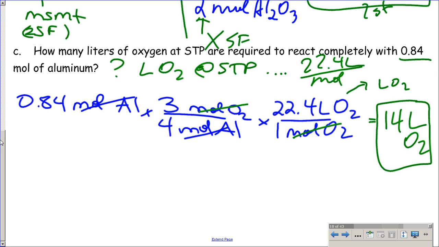Or you can do 0.84 times parentheses 3/4 times 22.4. Some of us messed up on our answer because we did not calculate very well. You got the math down, you got the work done, you got the units there, and you put your calculator wrong. So practice that for a minute, stand up, get a stretch break in, and then we have another example. I'm doing as many as I can so you have as much support as possible here.